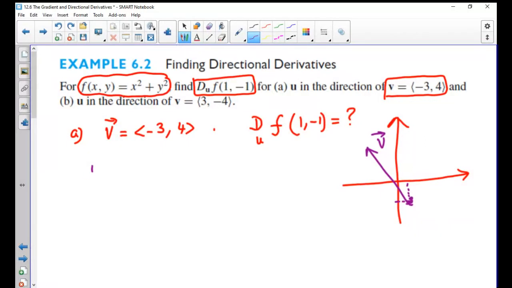Okay, what is the first step then? Let's start with fx. What is the derivative of f with respect to x? But I need this fx at which point?